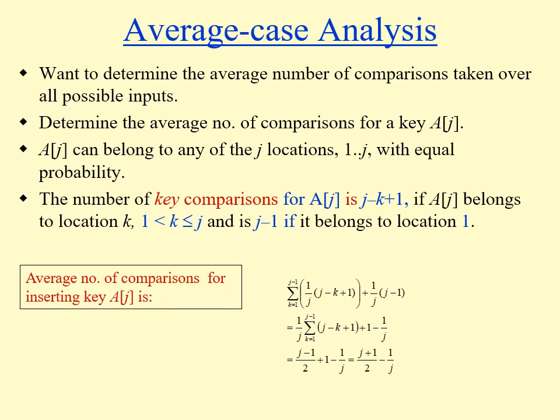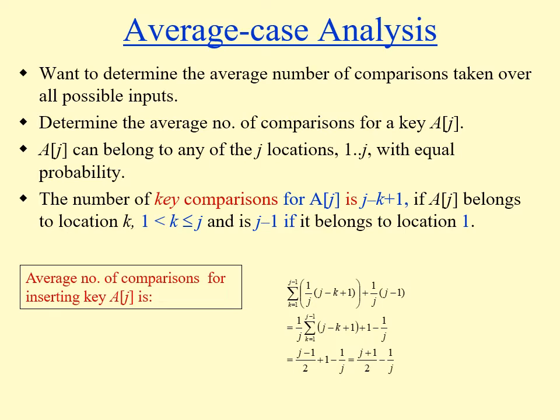For example, the correct location for AJ could be J's own location. That's also possible. And of course AJ cannot be inserted into the later elements' positions because the later elements are already sorted. So it can be only inserted in front.